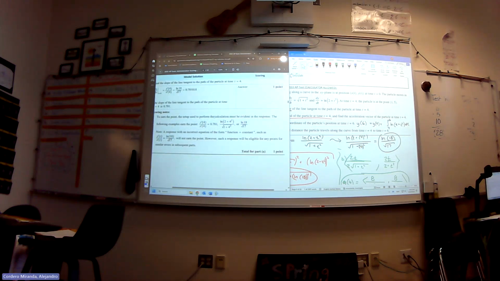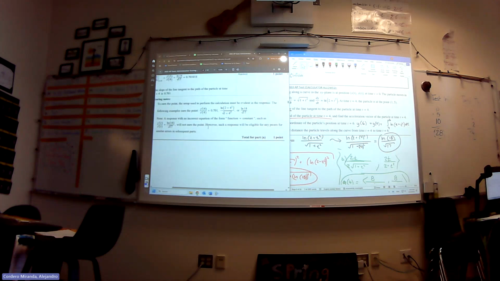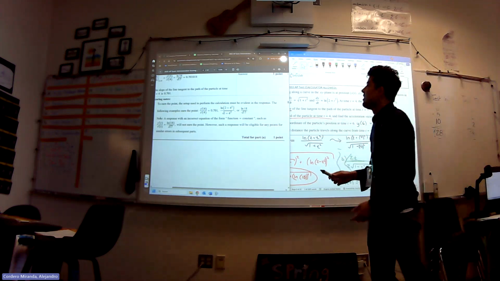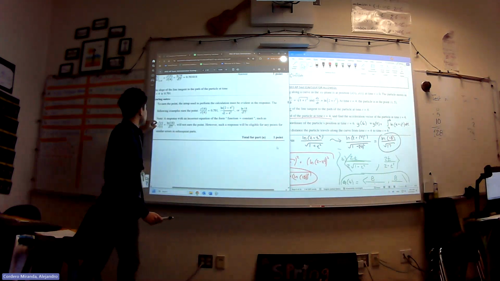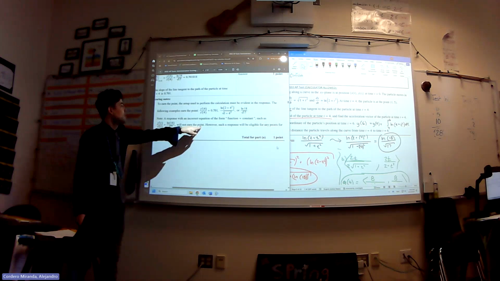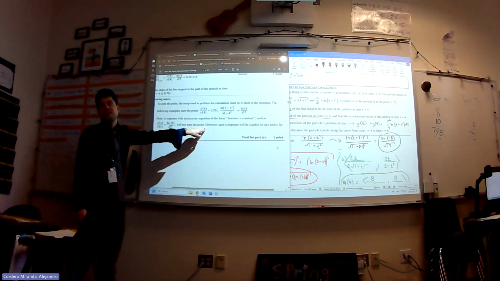And it said to earn the point, you can put any of these forms. This is the thing I keep telling you guys about: they really care about the way you write your stuff. If you had put y prime of t over x prime of t equals a number, because you have t's here and not 4's there, they would say no point for that one.